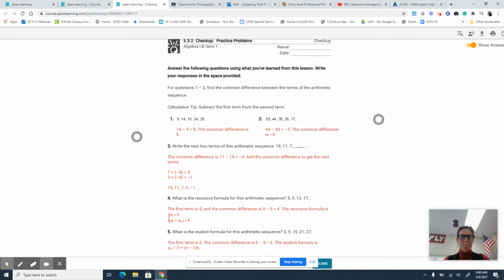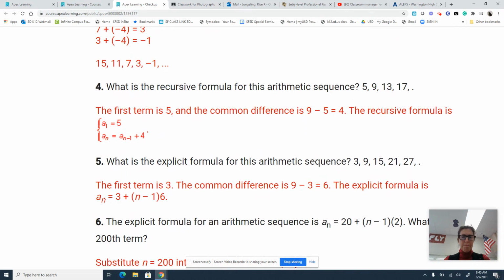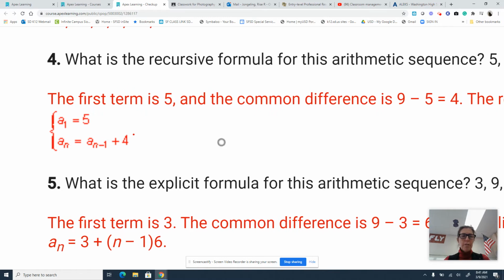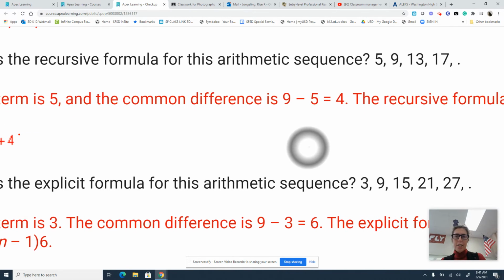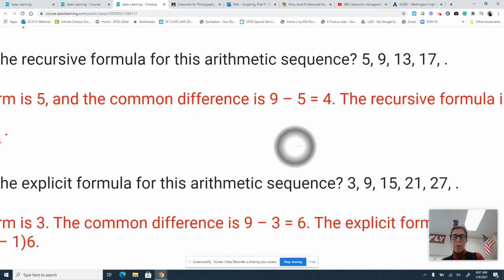So with that, they want you to start with the first term, which is 5. And they showed you 9 minus 5 is 4.